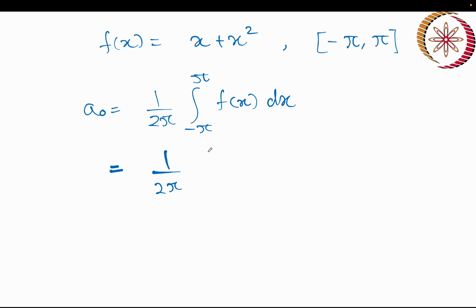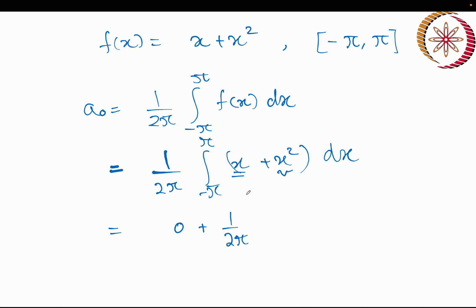So we'll just integrate, and you can see that this x is an odd term, so its integration from minus pi to pi will be 0. So we'll just consider the second term. So we'll write 0 plus 1 upon 2 pi, for the first term is 0.